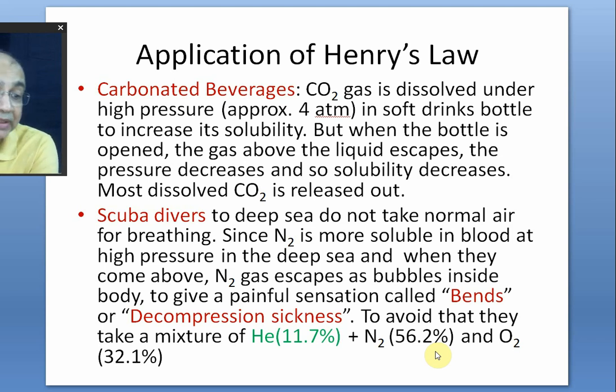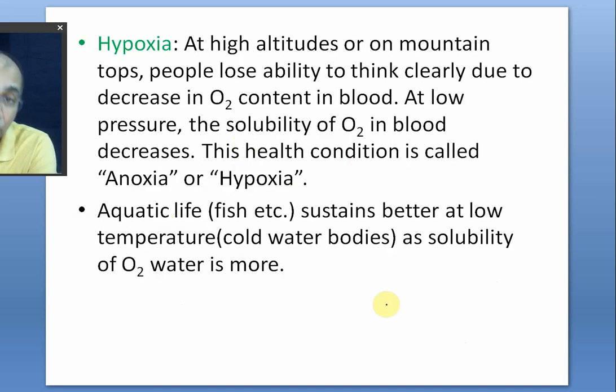The other one is hypoxia, also called anoxia. When you go to high altitude, say a mountain top, Everest or Kilimanjaro, you will lose your ability to think clearly. The thought process will vanish. You will be simply a mechanical person without any thinking ability, because at such a low pressure, the oxygen content in the blood will be reduced.